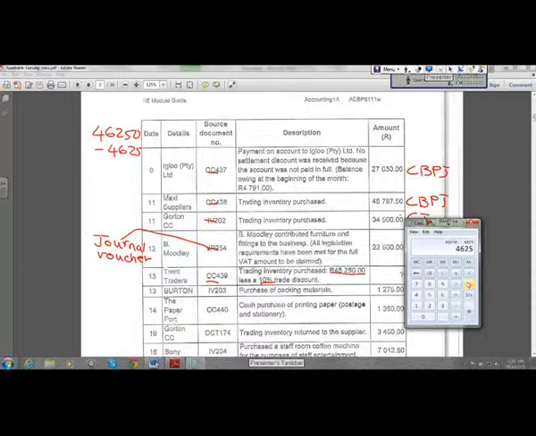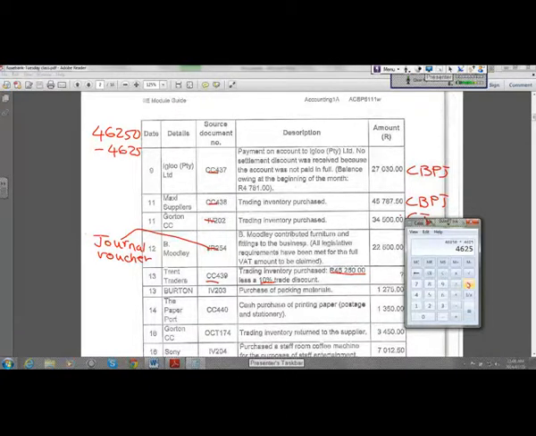Let me do it. We can first double check that the percentage we have calculated is correct. So we say 46,250 times 10%. Oh look, we're getting it. How do we calculate it?